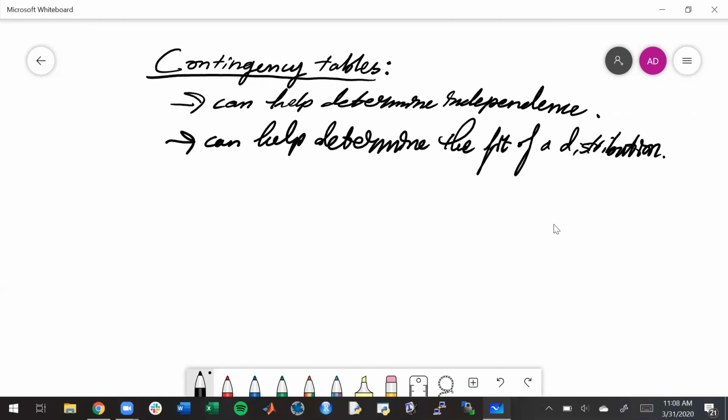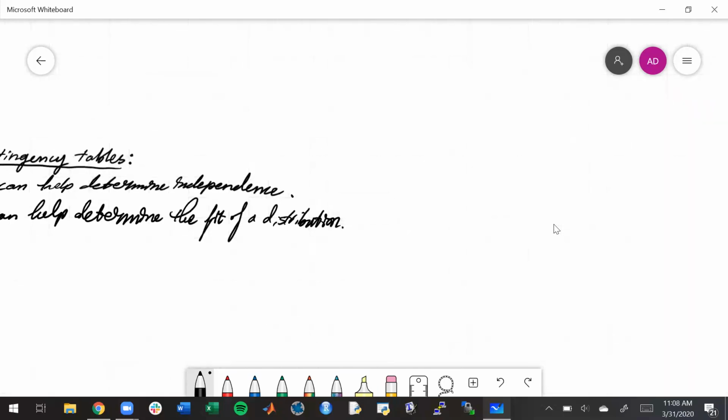But the big thing that you should know is that we can test for independence. This test of best fit.